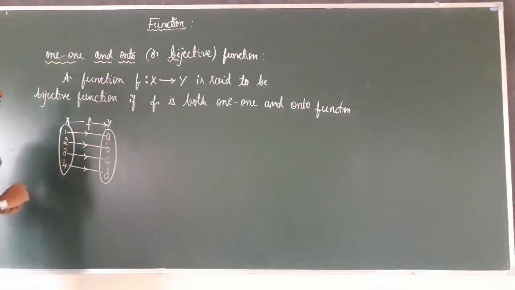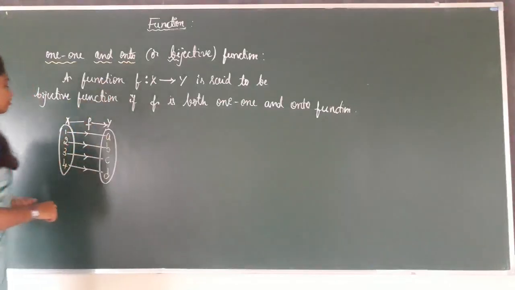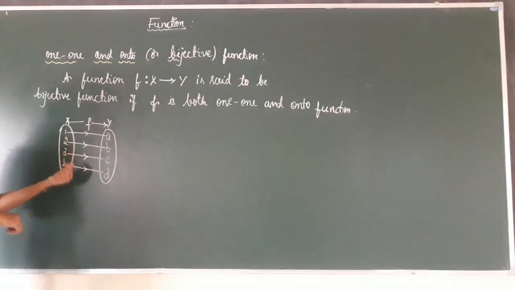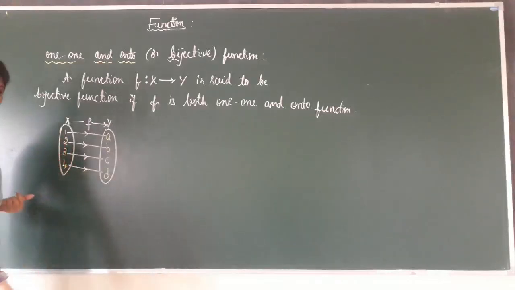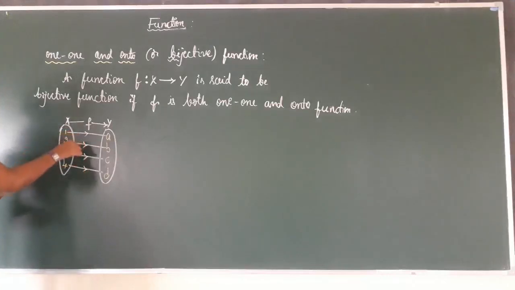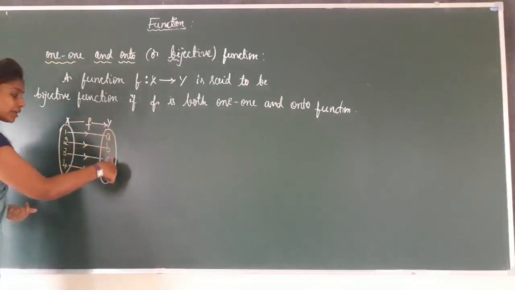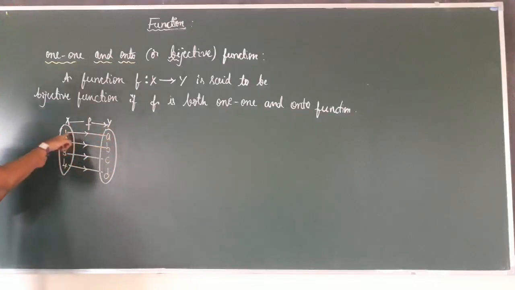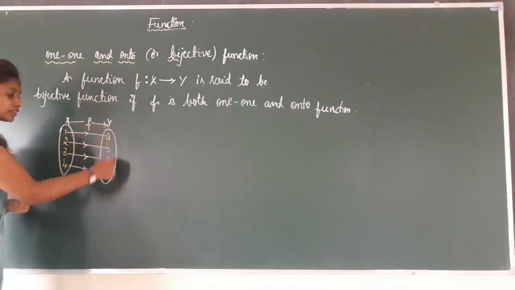Why is it a bijective function? Observe here. First, bijective function means it is one-one and onto. For one-one, what is the definition? Distinct elements of the set X have distinct images.